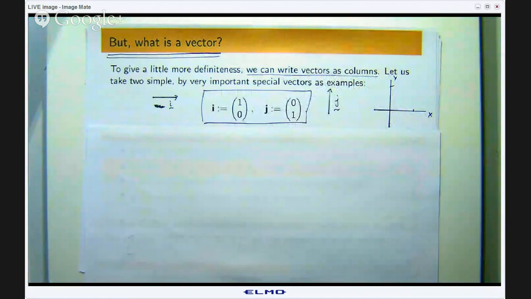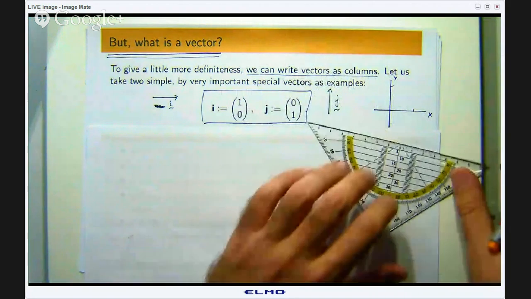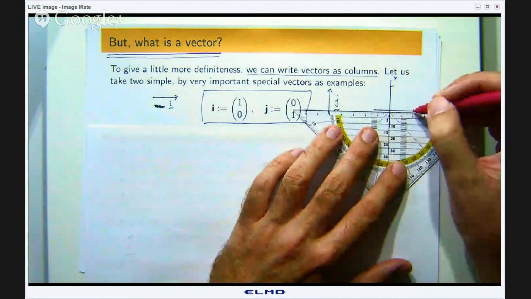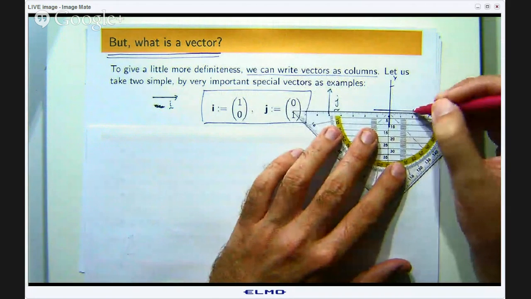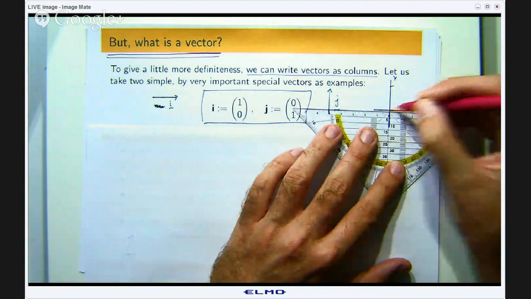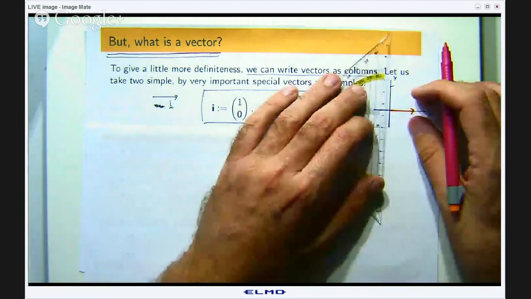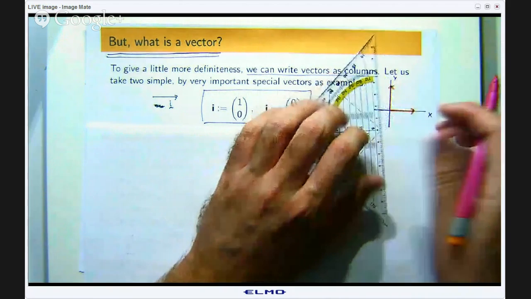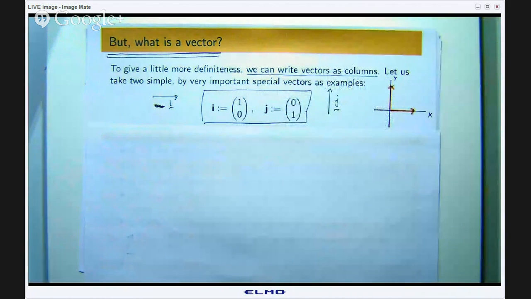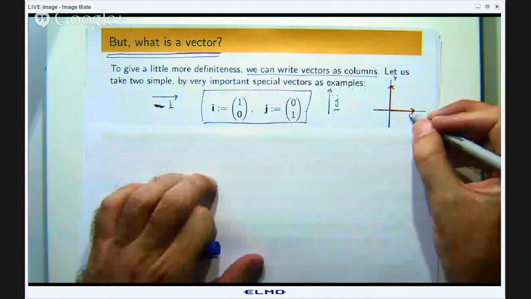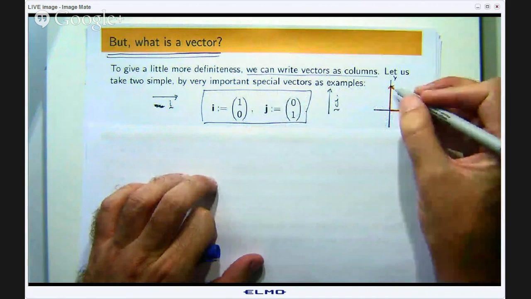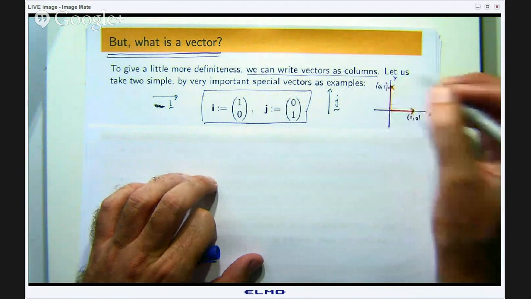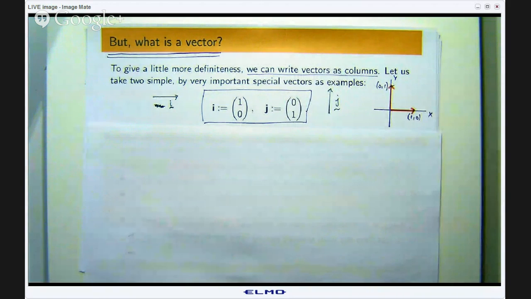And I draw a line segment joining the origin to those points. You can see that this point is the point (1, 0). And this point, where the head of the vector is, is the point (0, 1).